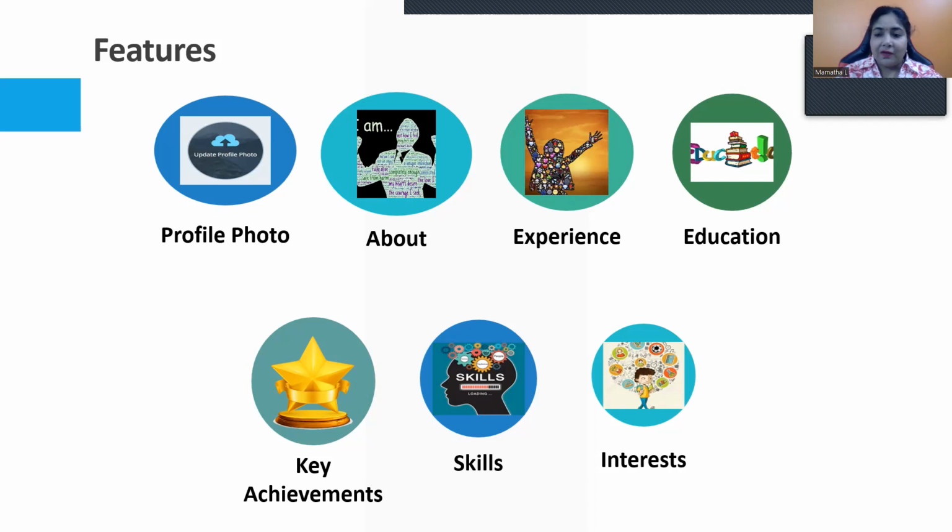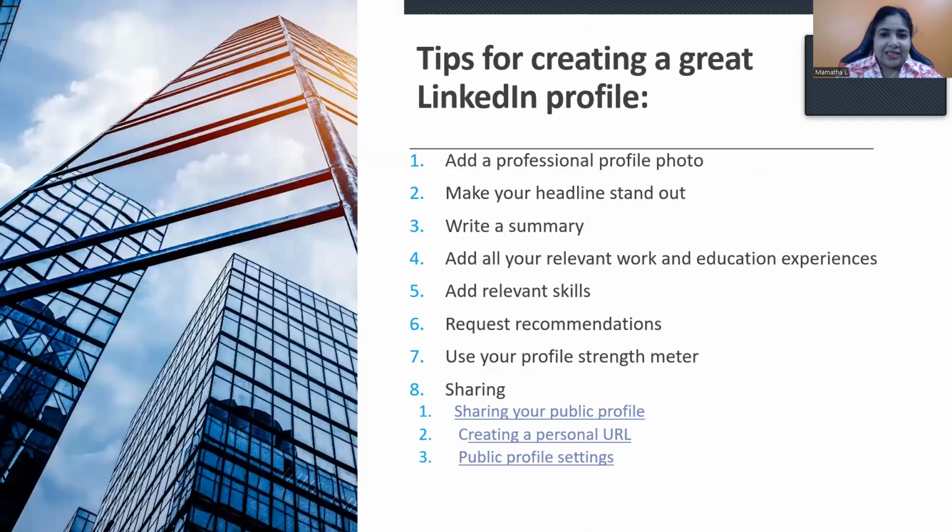So these are the features of LinkedIn. I can go and then separately add to each of these. You might have already looked at a couple of profiles on LinkedIn. Tips for creating a great LinkedIn profile. You can just have a look at these pointers.